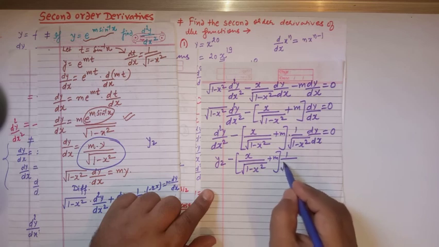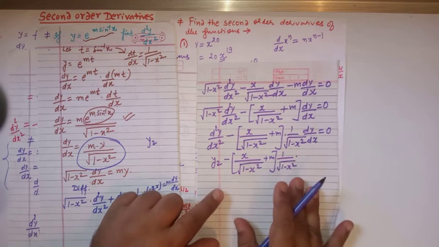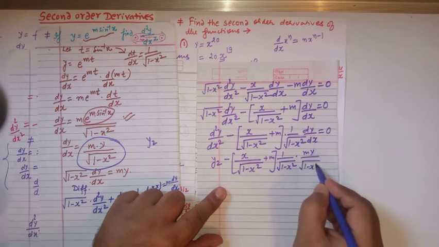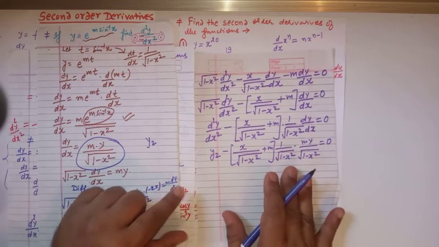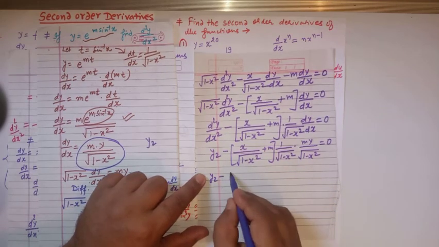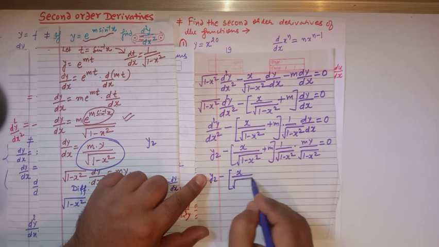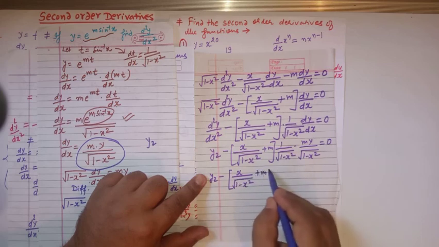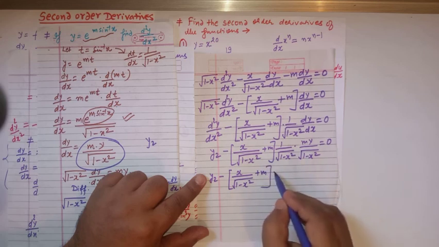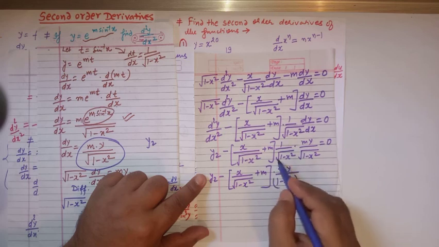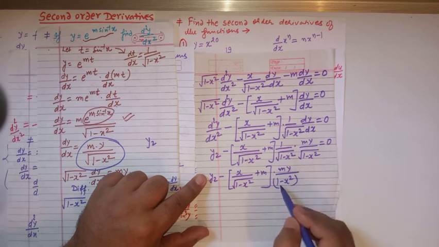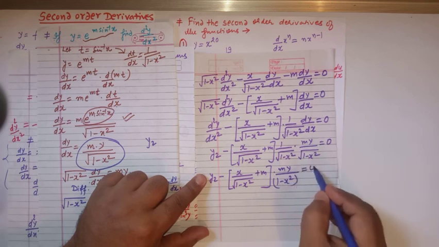This is 1 over square root of 1 minus x square times my over square root of 1 minus x square, that is equal to 0. Now y2 minus x over square root of 1 minus x square plus m times my over 1 minus x square, because square root of 1 minus x square times square root of 1 minus x square is 1 minus x square, equal to 0.